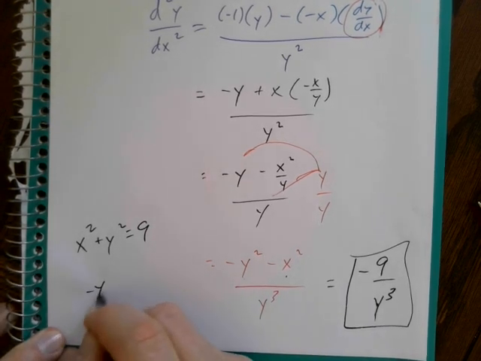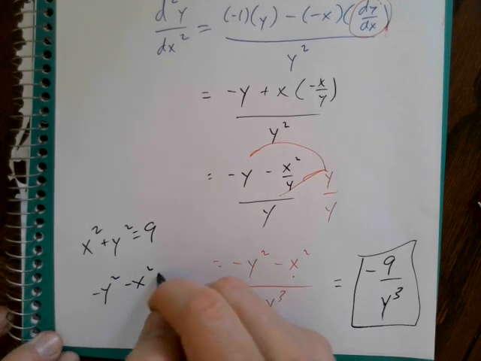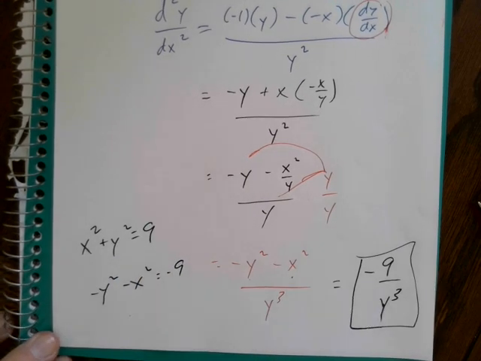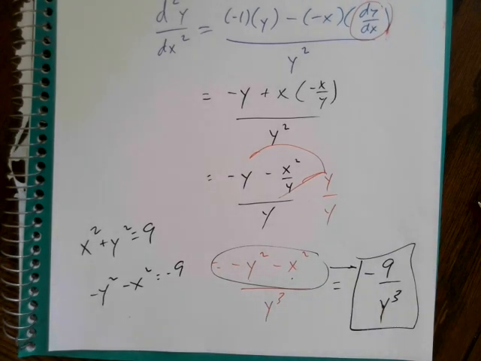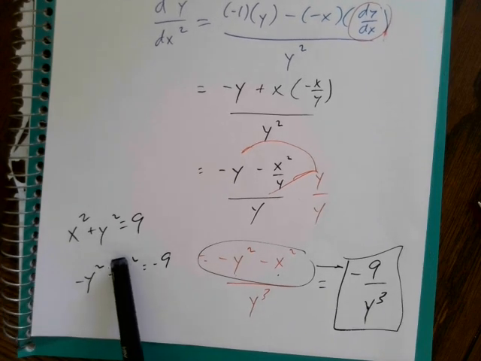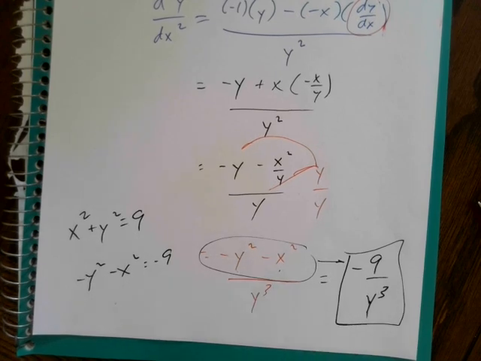We have negative y squared minus x squared, which is the opposite, so it equals negative 9. So we could substitute this whole thing out for negative 9. You see this happen a lot when you have nice and symmetric original functions. This is a symmetric graph, it's a circle, it's hard to beat that for symmetry. And a lot of times when that happens, the second derivative has that step where the original comes back into play. Okay.